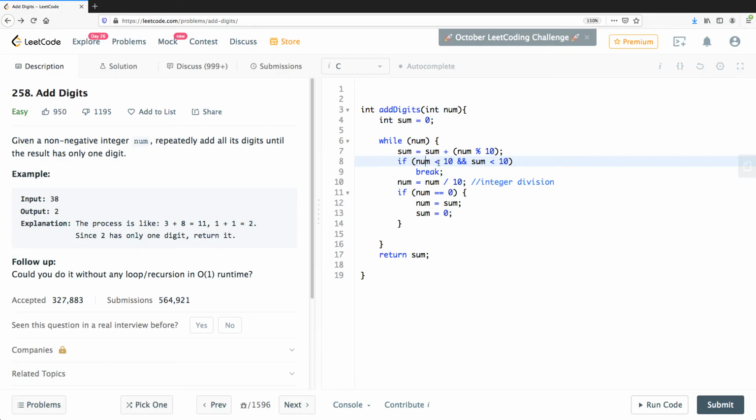If num is less than 10, in single digit, and sum is already in single digits, we can simply break out of it, because you're not going to go in the loop again unless you reset num. Whenever num has become 0, we can reset it. But we already know that we have sum in single digits, so there's no point in doing all this. We can simply break out and then just return sum.